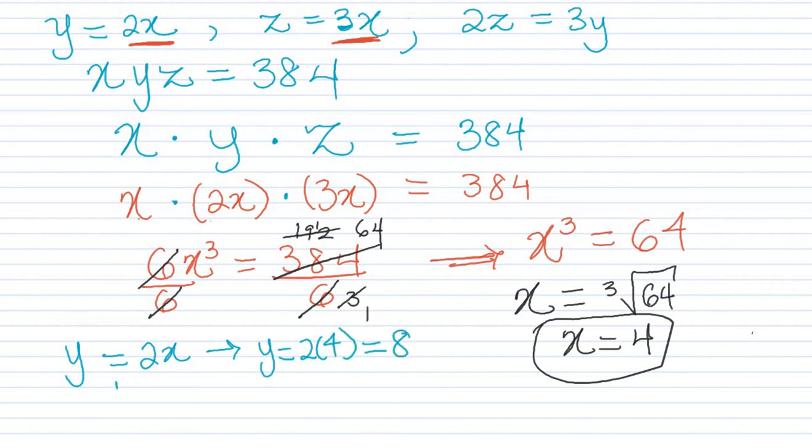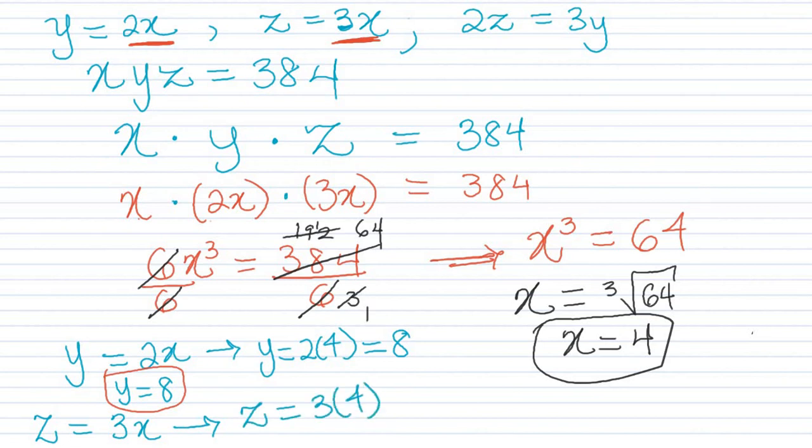So y equals 8. And then you have z equals 3x, and there you have z equals 3 times 4, which is 12. So z equals 12.